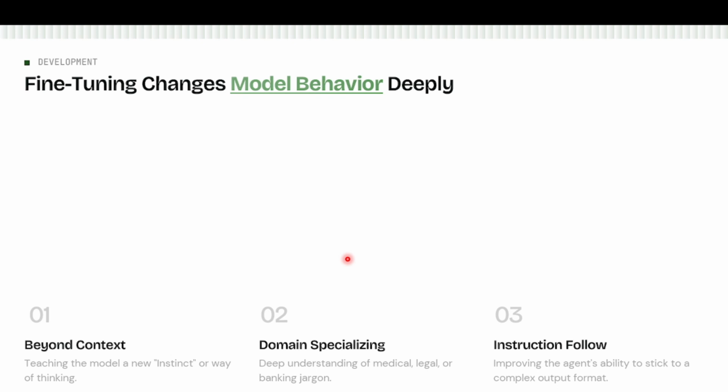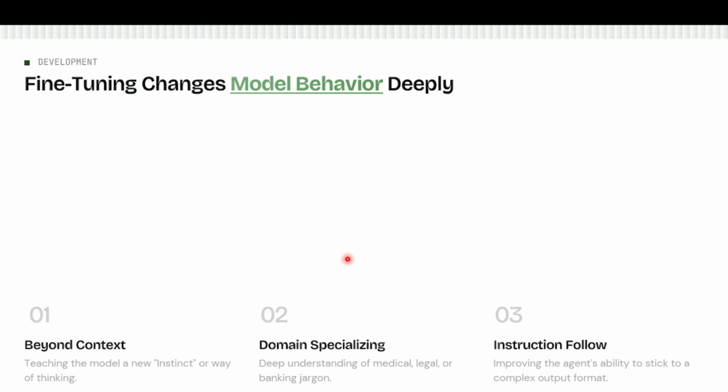If you have a child who is 1 year old, you begin to teach the child what is right and what is wrong, what is good and what is bad, through continual or reinforcement learning. You know that reinforcement learning uses reward. It rewards the agent for doing what is good and penalizes the agent, or subtracts points, for doing what is bad. So that can also be implemented here. So beyond context, teach the model to do the right thing.